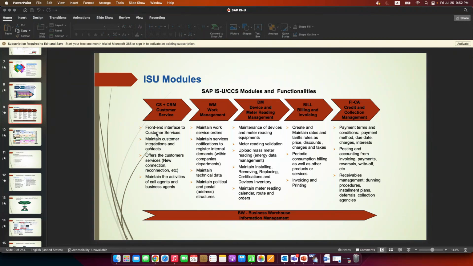One is disconnection due to non-pay, that is also called disconnection due to collection strategy. So when a customer is not paying their bills on time, in SAP utilities, we do have a process called collections. They follow certain rules.